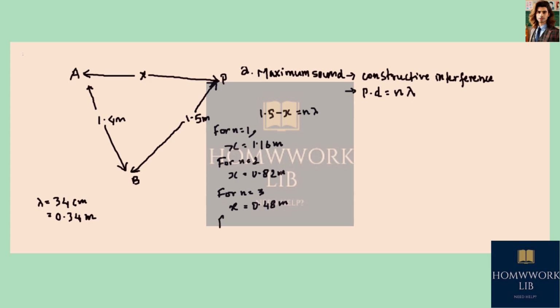And for n equal to 4, x equals 0.14 meters. So these are the lengths. So obviously for n equal to 5 we will have less than 0, so we don't need that. So these are the distances at which we hear maximum sound, right?